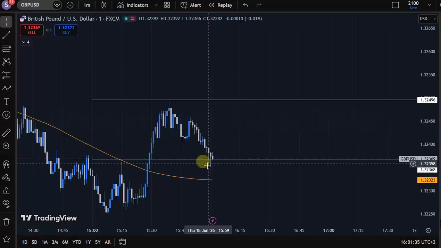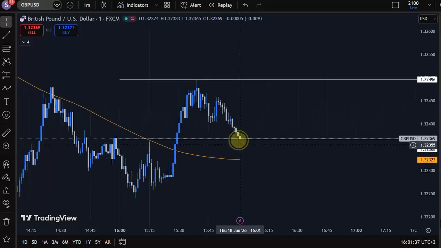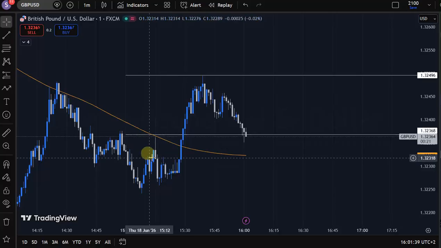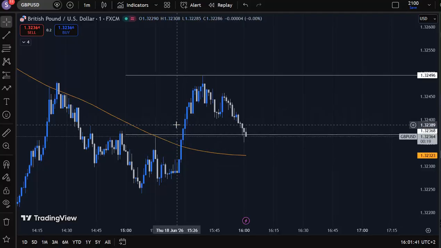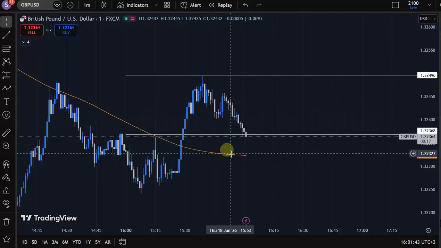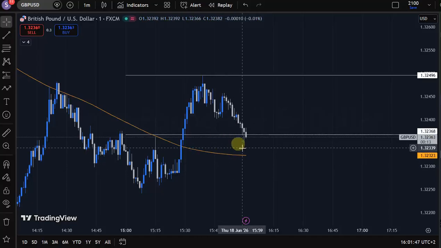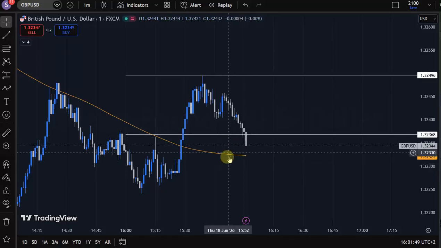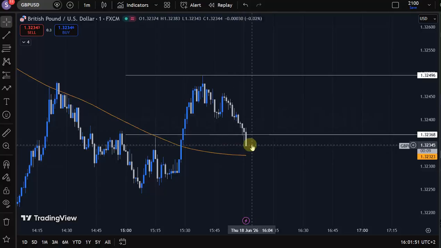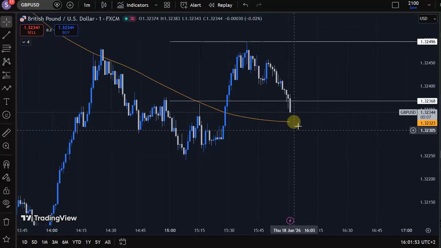But as you know, every breakout has to be retested, which means even the breakout from the moving average has to be retested. The line has to be retested, and then we see a rejection. The only thing left on the line should be a wick. That is what should happen.